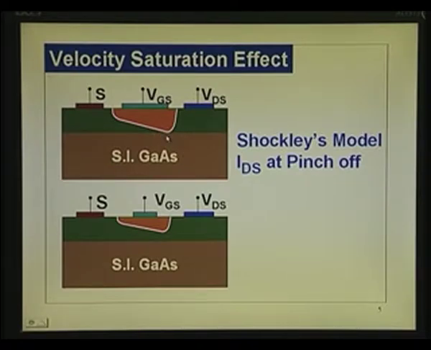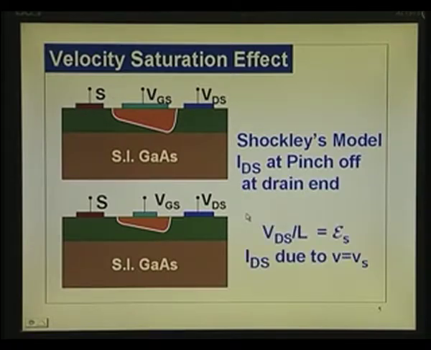It could happen so that this width is close to A. Now, the other condition is I D S due to V equal to V S at the drain end. Now, please understand once again, in both the cases the current saturates due to velocity saturation.